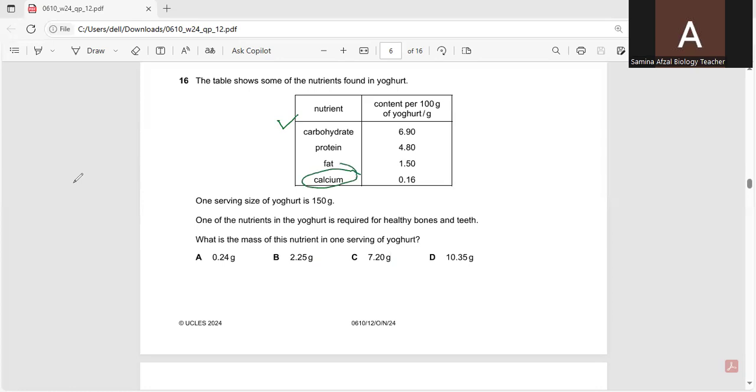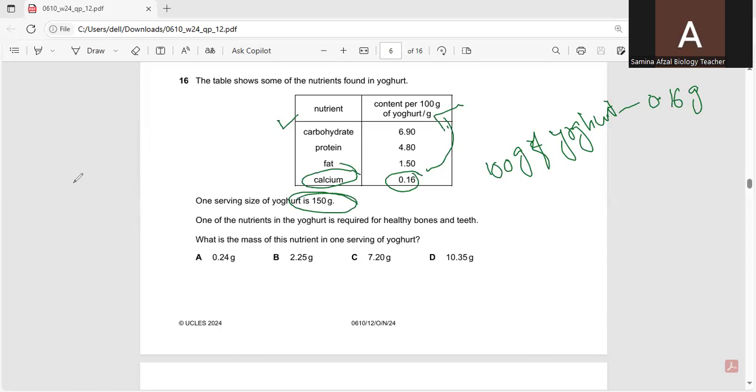So calcium is used for healthy bones and teeth. So 100 gram of yogurt contains 0.16 gram of calcium.